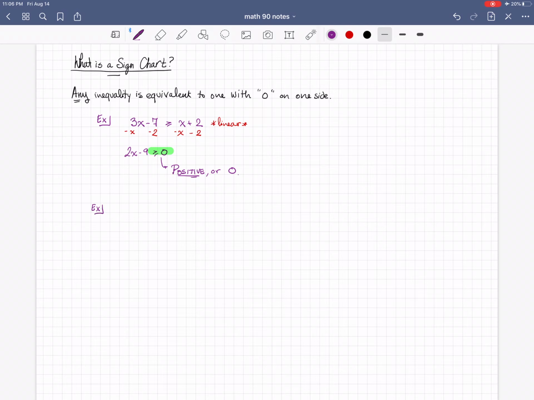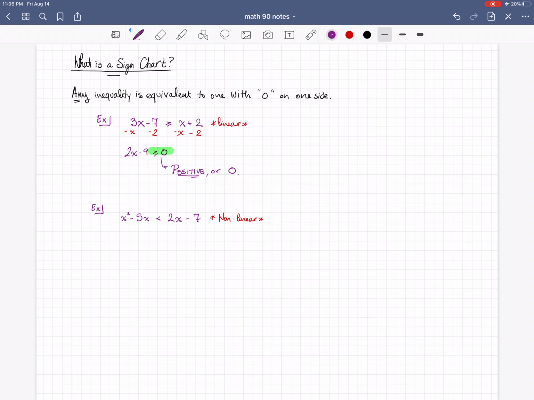Say that we have the following inequality. x squared minus 5x is less than 2x minus 7. This is actually a nonlinear inequality. That's interesting because with linear inequalities, you can move things around so that x ends up by itself on one side.